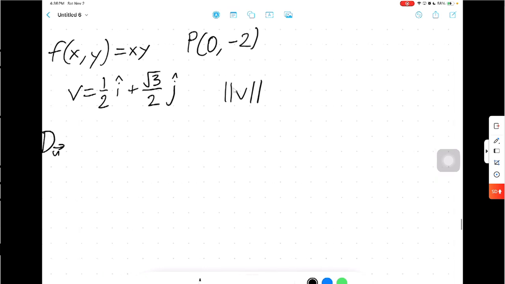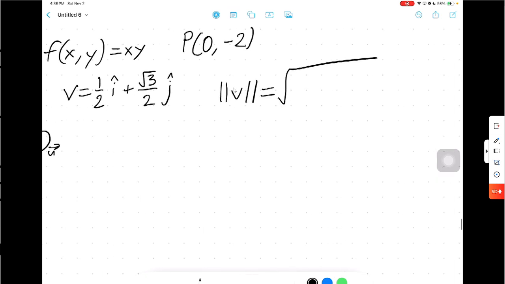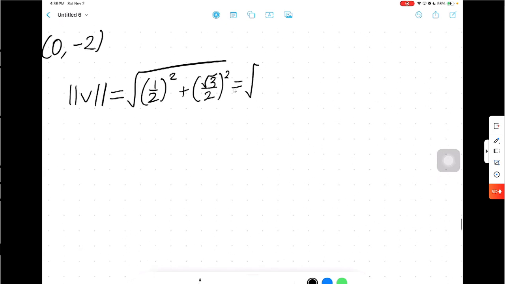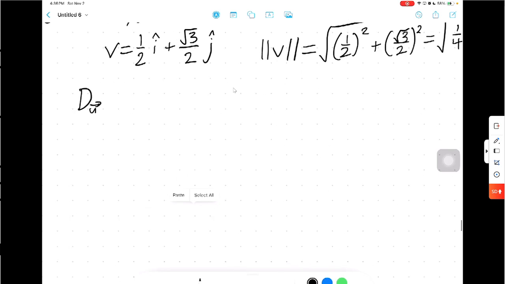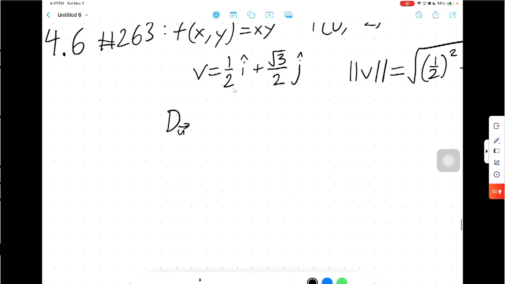The magnitude of v is the square root of 1/4 plus 3/4, which is the square root of 1, which is 1.